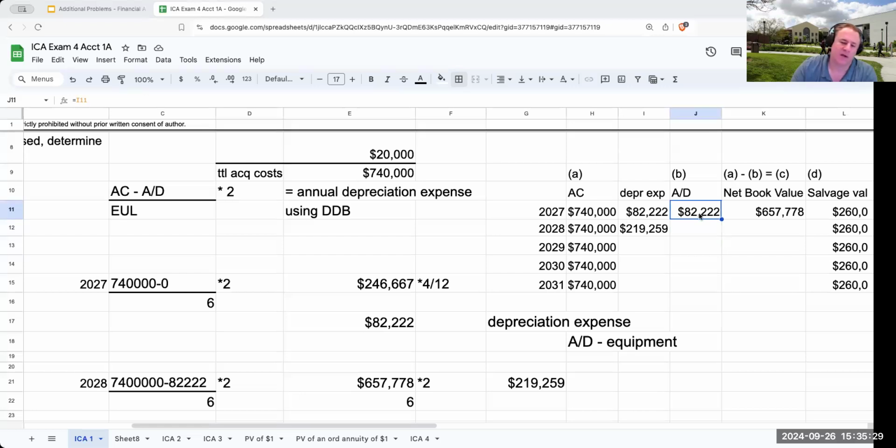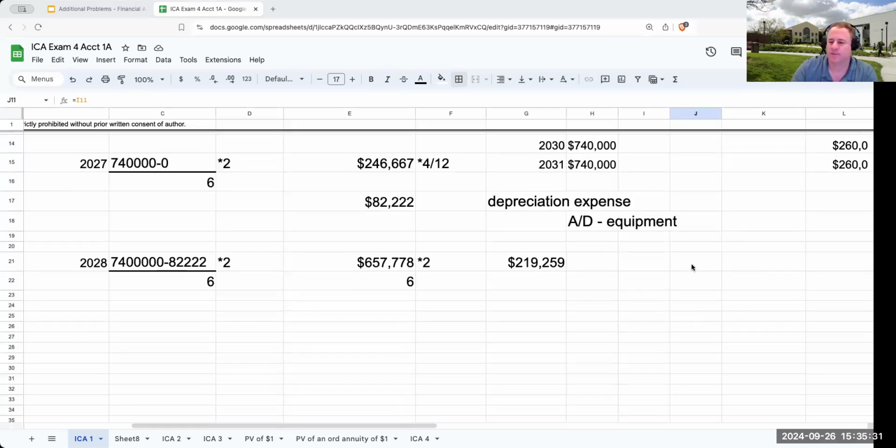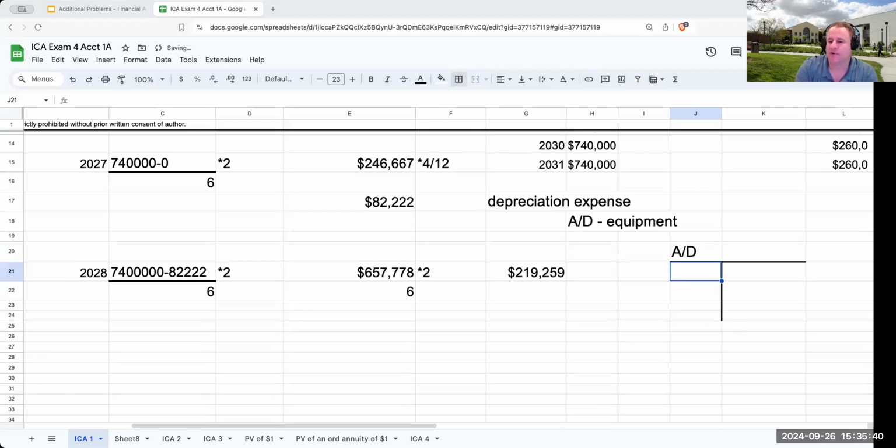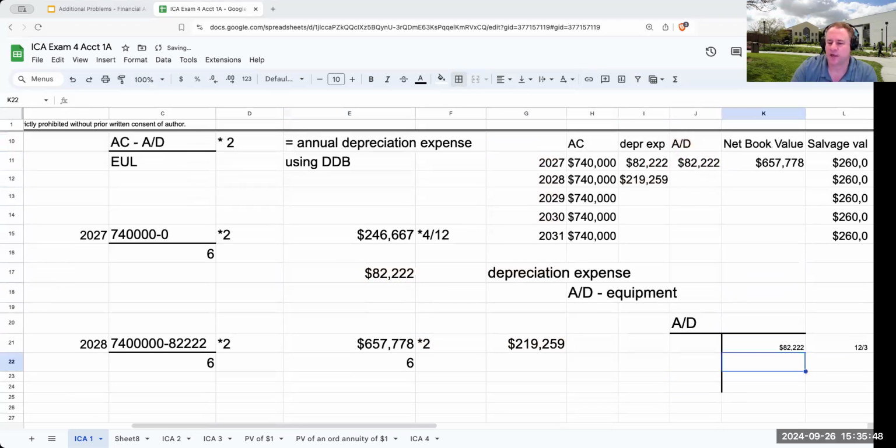Now, my accumulated depreciation, right? So what was in the account? Well, basically after that very first year, accumulated depreciation as of 12/31/27 had a balance of 82,222.